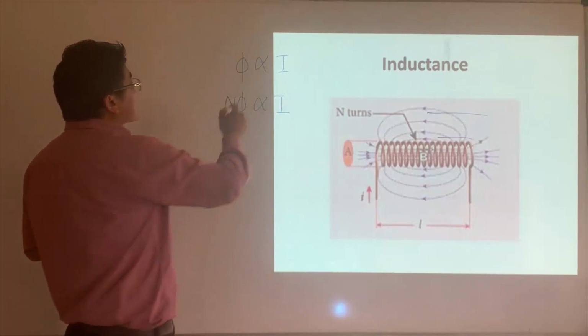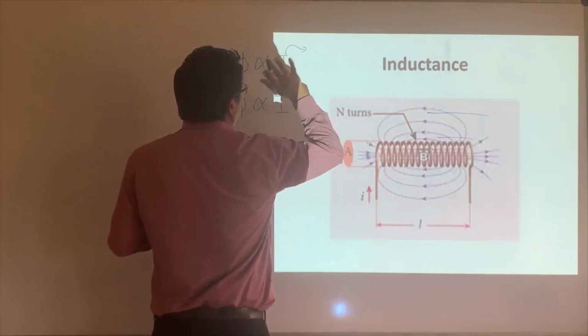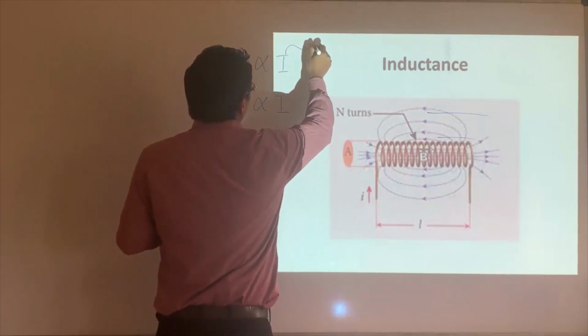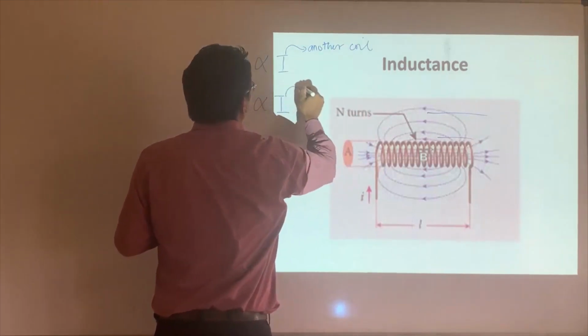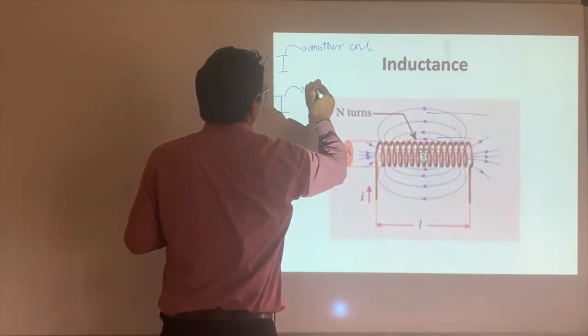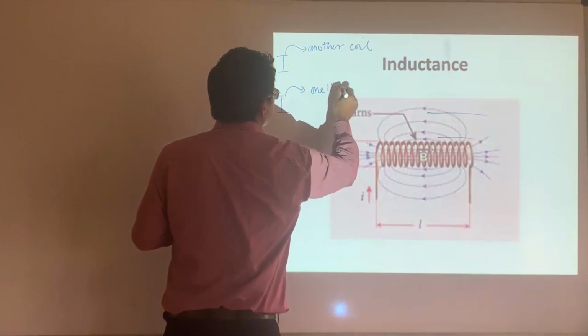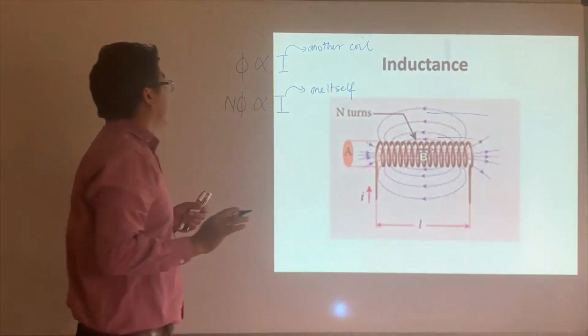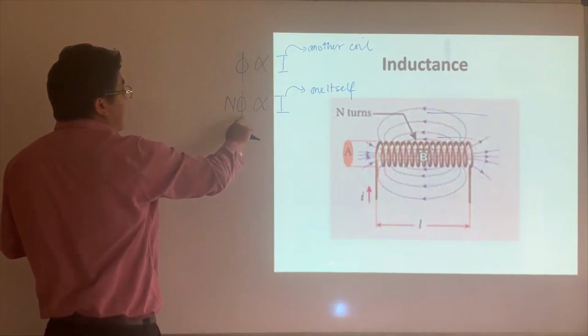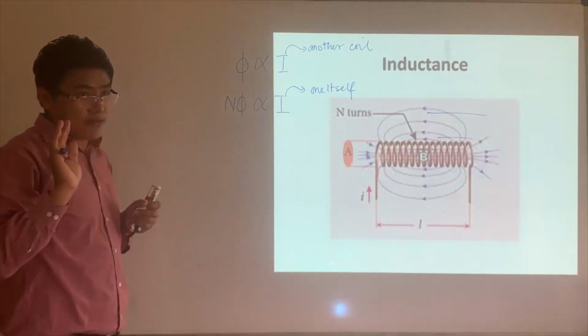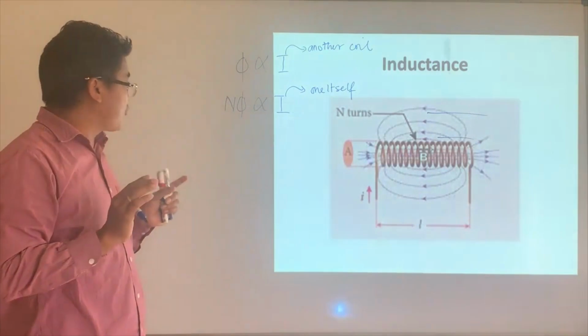So this current could be a current in another coil, or this current could be in coil 1 itself. This can be any, right? So the flux is proportional to I, and NI is also proportional. This is one very important point. This is where we are going to link.